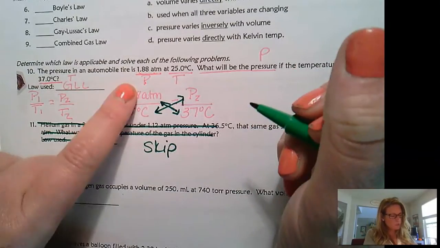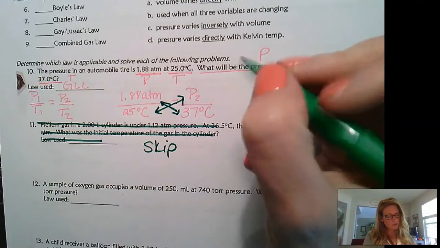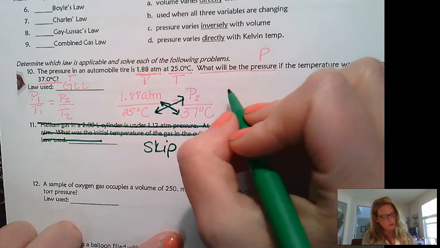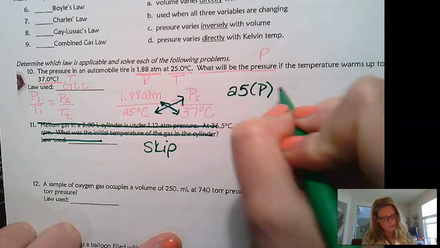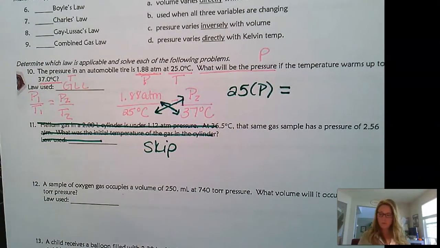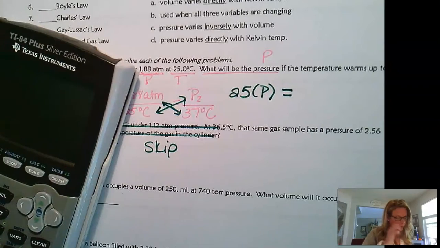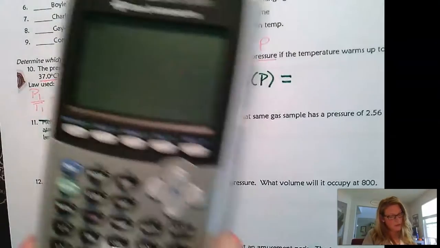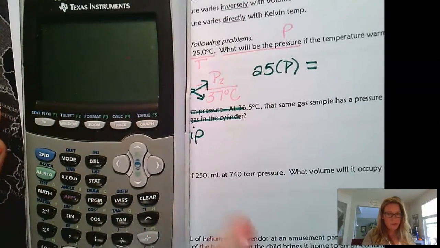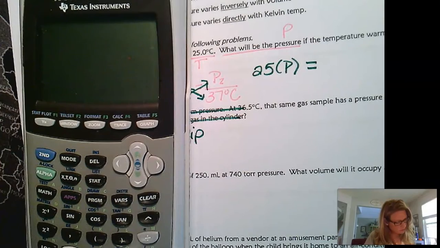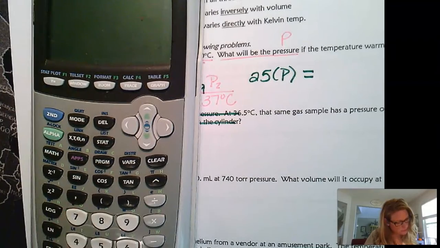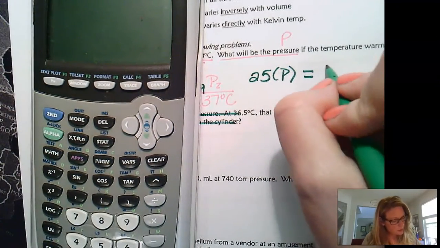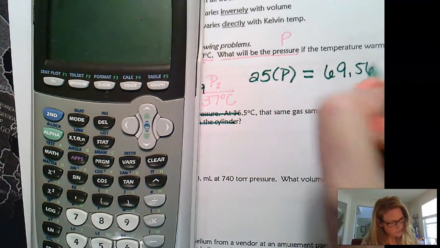So what we're going to do is do 1.88 times 37 and 25 times P. So that's going to end up being 25 times P equals 1.88. And if you plug that into your, can you guys see that? If you plug that into your calculator, it's going to be 1.88 times 37 equals 69.56.